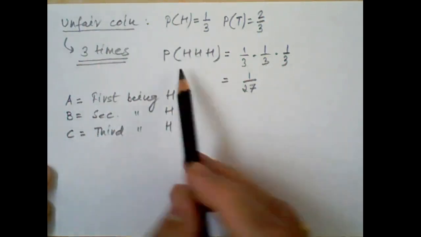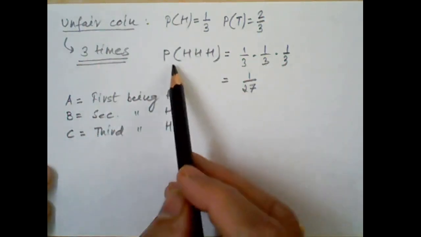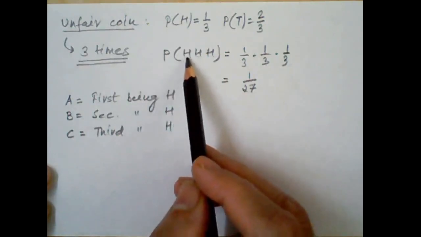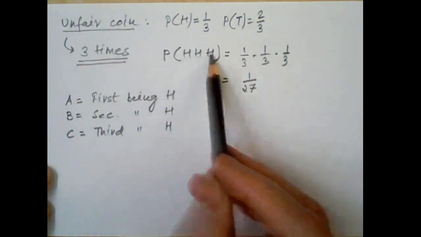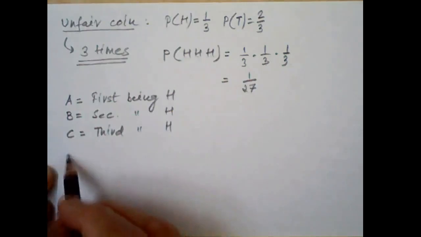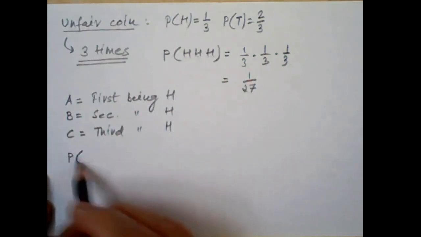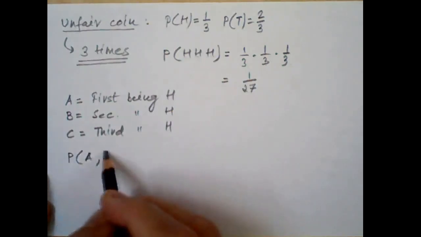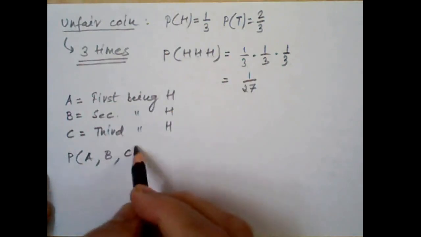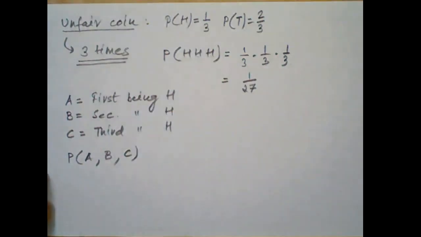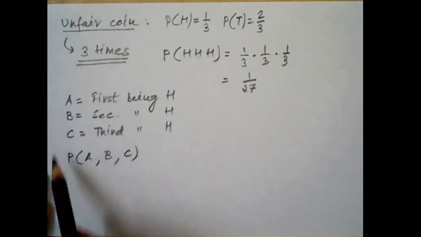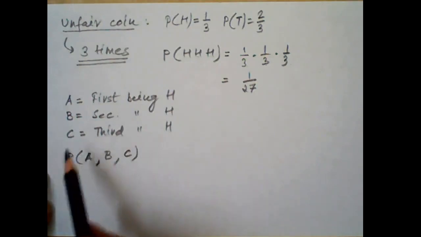When we ask what is the probability of getting H, H, H, we are essentially asking what is the probability of A, B, and C happening together. This kind of probability is basically called a joint probability.